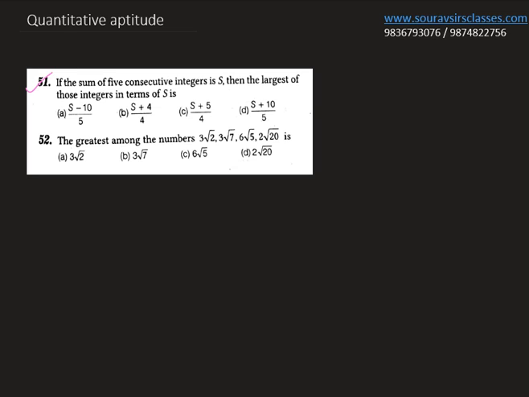If the sum of 5 consecutive integers is s, then the largest of those integers in terms of s is what?